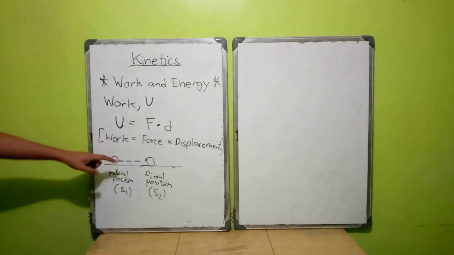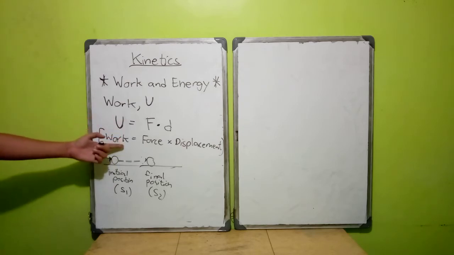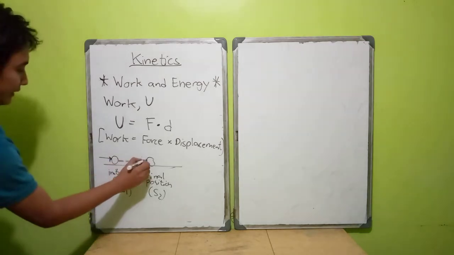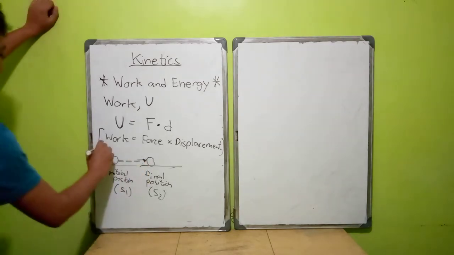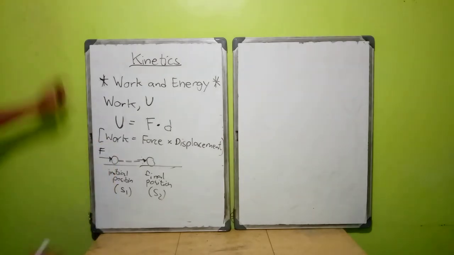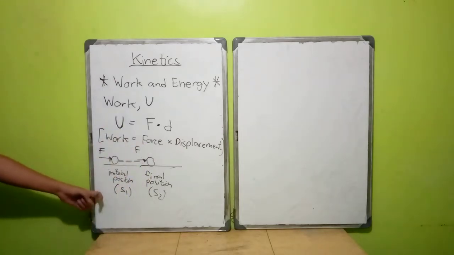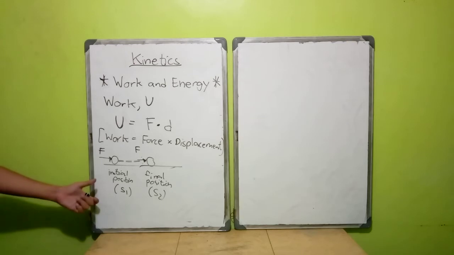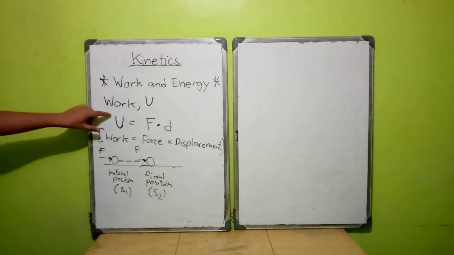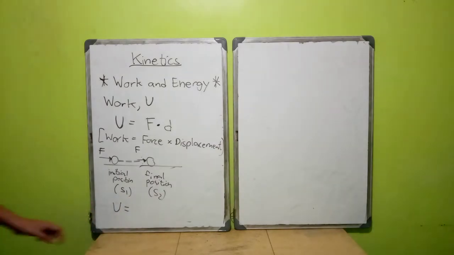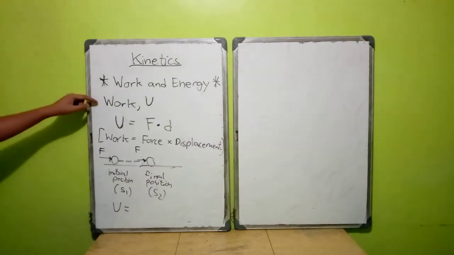In order for this basic equation for work to be used, your force should be consistent, so your initial force and your final force should be the same. Therefore your work, which is usually represented by U, you can also use W, depends upon you.